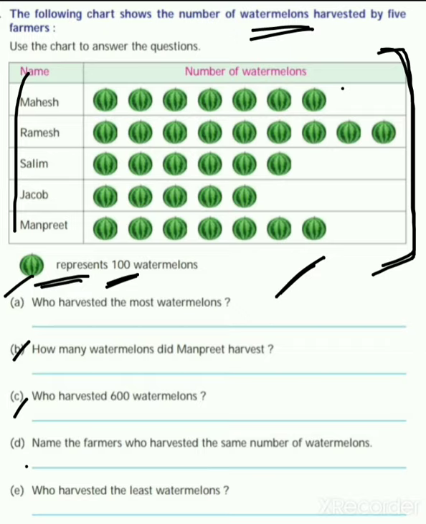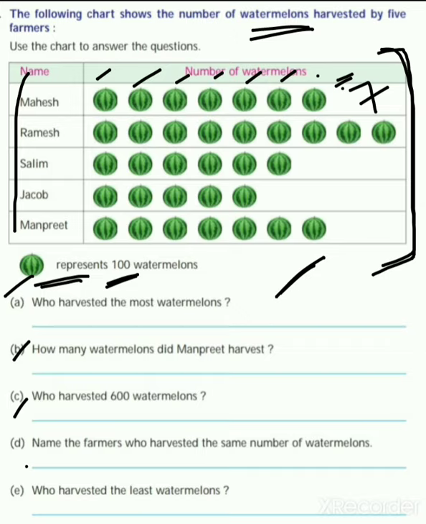You can see in the picture here Mahesh harvested watermelons. How many? First of all, count the number: 1, 2, 3, 4, 5, 6, 7. Mahesh has harvested 7 watermelons, but it is not 7, it is 700 because one watermelon represents 100 watermelons.